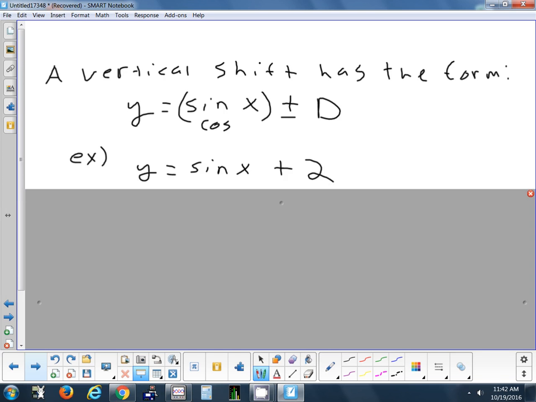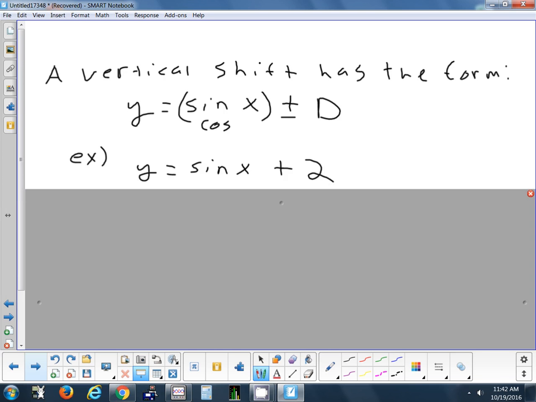Now, if everything worked nicely and you didn't have to do the opposite, what would you expect this would do to the sine function? Shift it 2 units which way? Up, and it does. Vertical shift and amplitude change are the 2 functions where you do exactly what you see. Bigger numbers make it bigger, stretch it bigger.